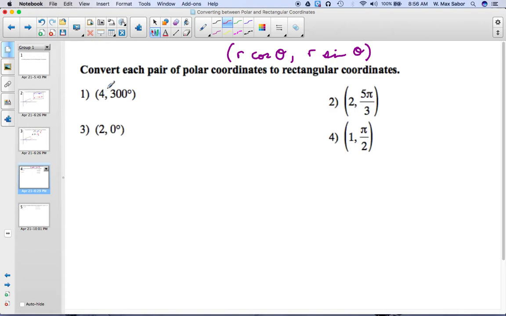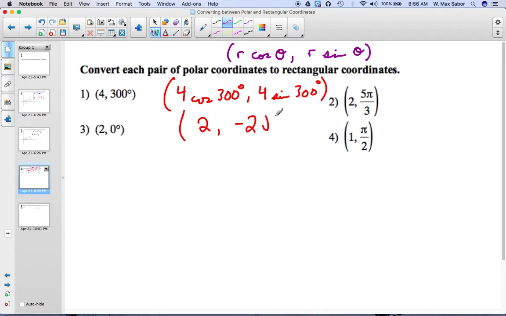So for the first one, what's cosine of 300 degrees and what's sine of 300 degrees? Cosine of 300 degrees is 1/2.